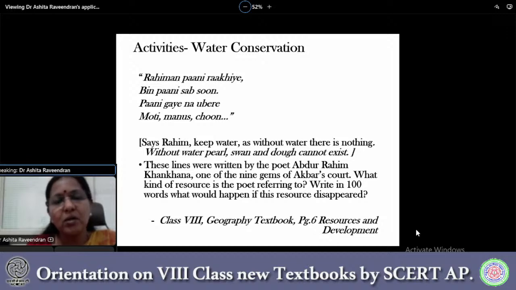Human beings also survive on plants. So if water is not there, nothing in this world can exist. So water as an important resource has been covered using a 4-line poem.